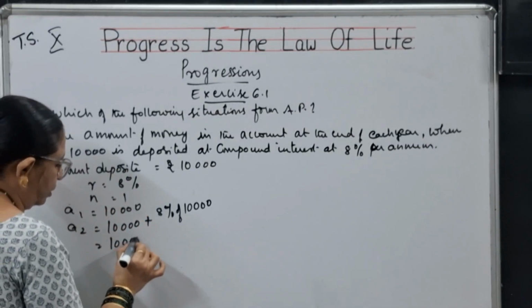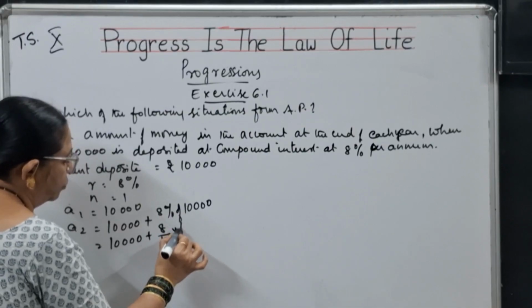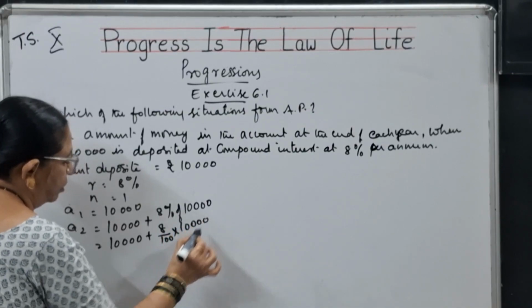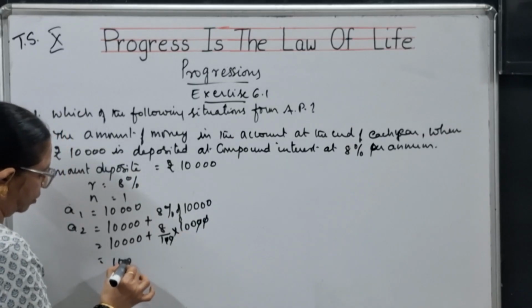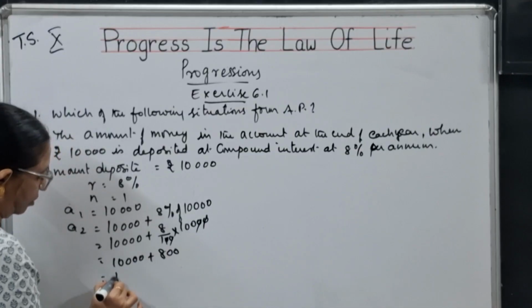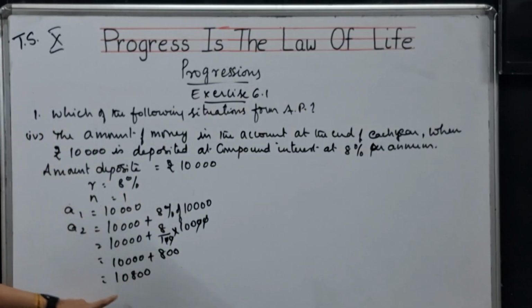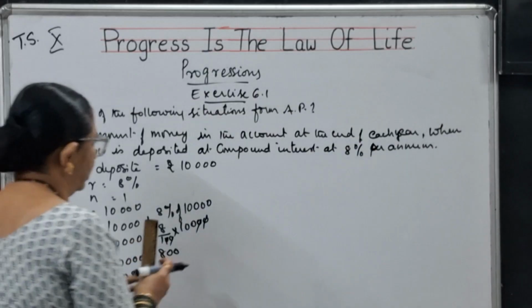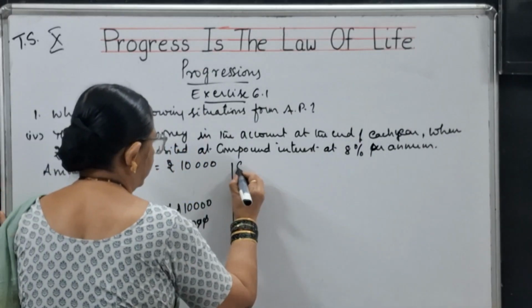So 10,000 plus 8 by 100 of 10,000. So two zeros will get cancelled. That is 10,000 plus 800. So 10,800 is the A2 value. Now what will you get for A3?